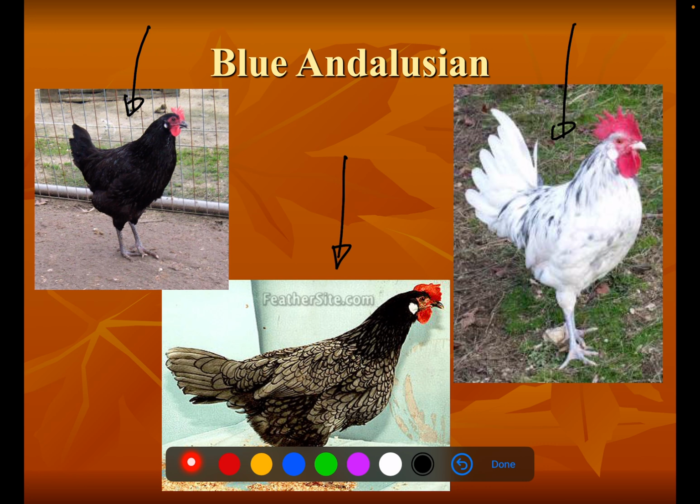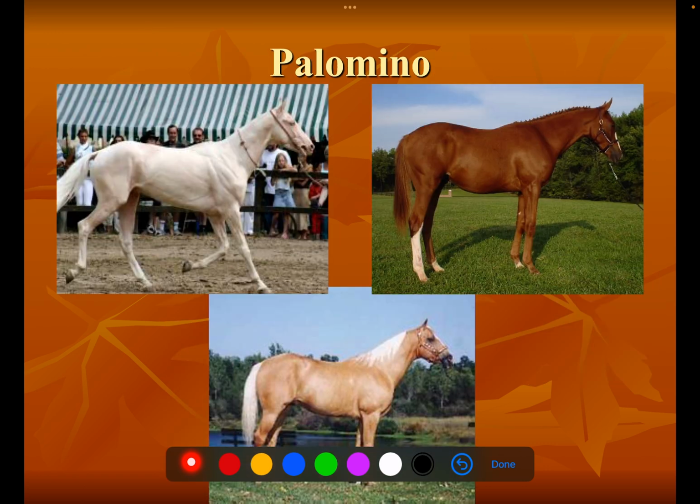So this one's the heterozygous, the blue one or the gray one. Same is true for the palomino. Full production of pigmentation, none, a little bit of. All right, so those are examples of incomplete dominance where you get blending, okay? And we did a Punnett square to show that.